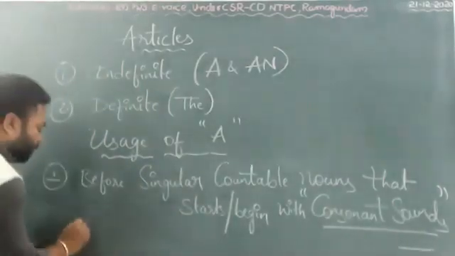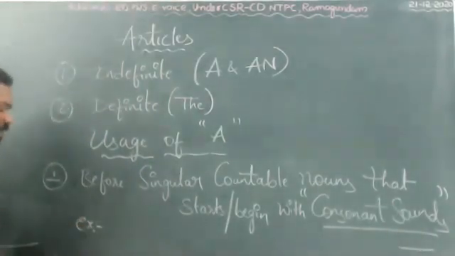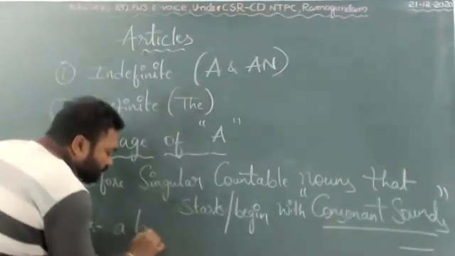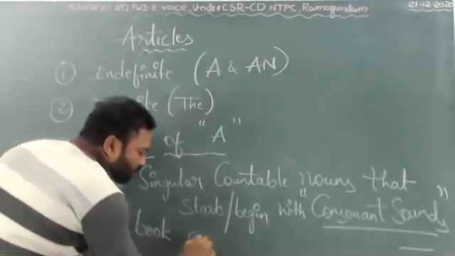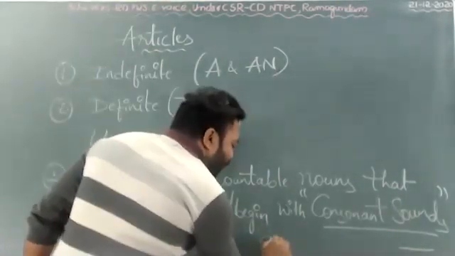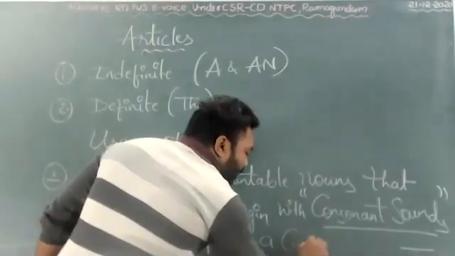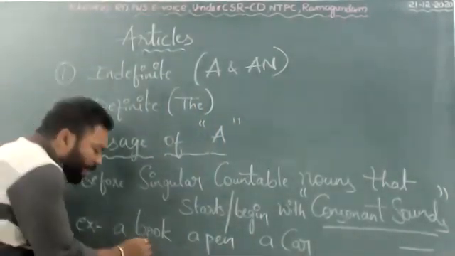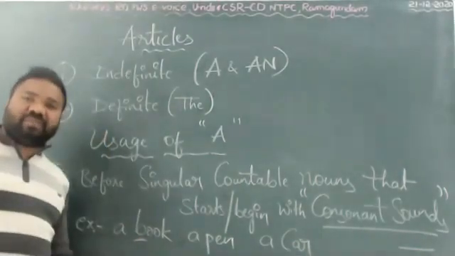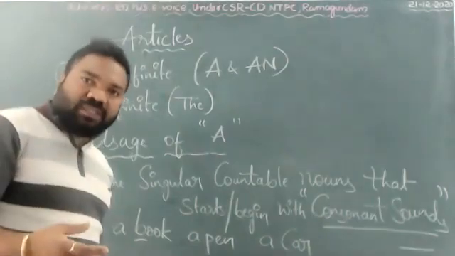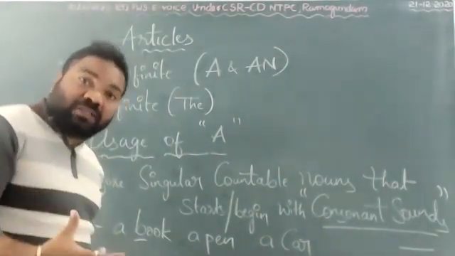Let me write you some examples here. A book, a pen, a car. So listen, the letter B is a consonant, and also, students, it sounds like a consonant.